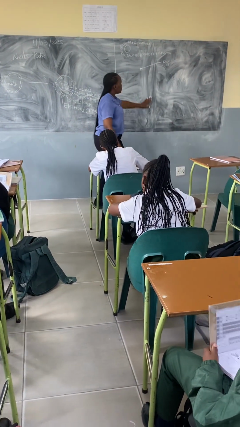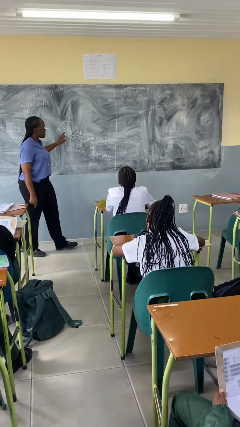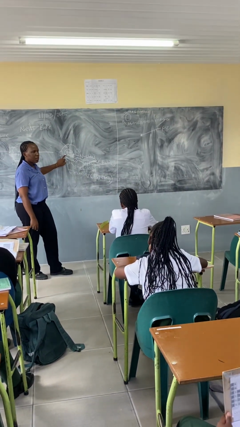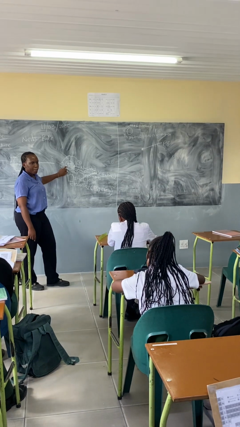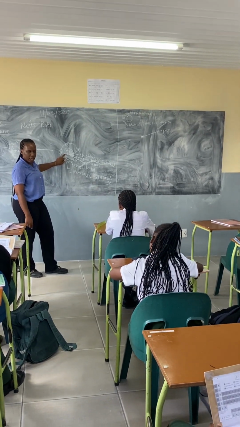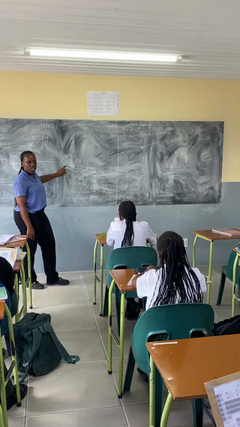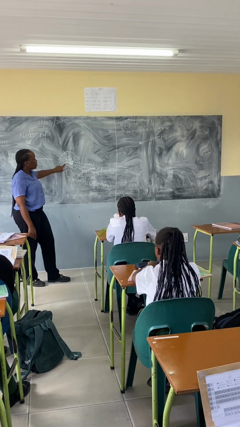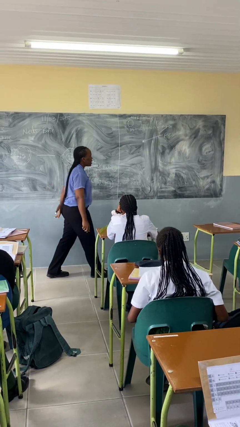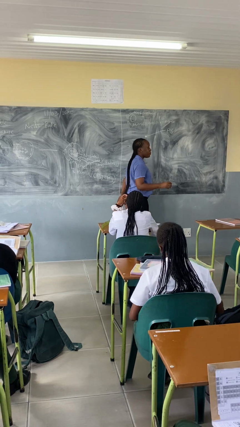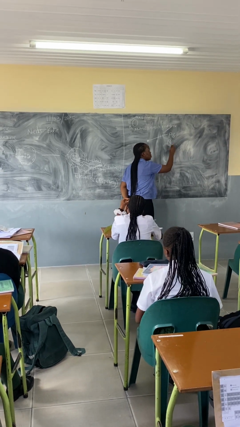What did Chadwick discover? A neutron. Chadwick discovered a neutron that is found in the nucleus. So when you are drawing the nucleus, you should indicate the proton number and you should also indicate the neutron number.